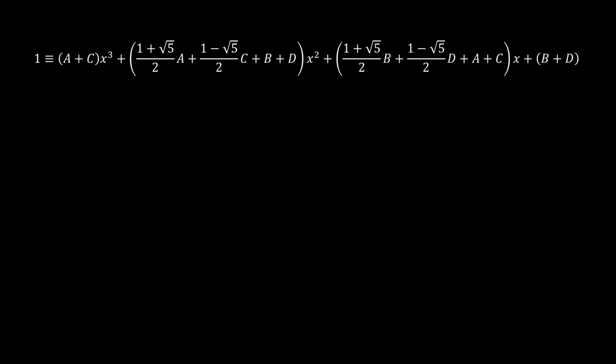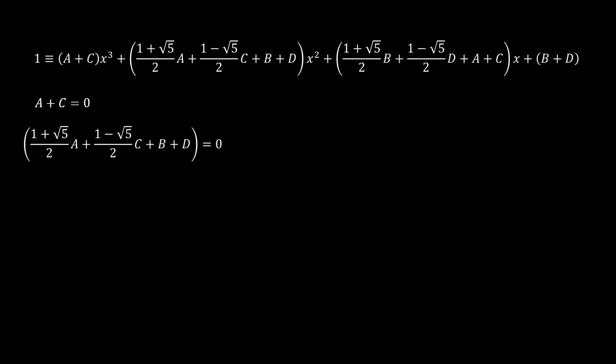as the constant. So as we can see, we have no x cubed term on the left hand side. So what that means is that a plus c equals 0. Equally, since we have no x to the power 2 term on the left hand side, that means that this part here is also 0: (1 plus root 5)/2 a plus (1 minus root 5)/2 c plus b plus d equals 0.